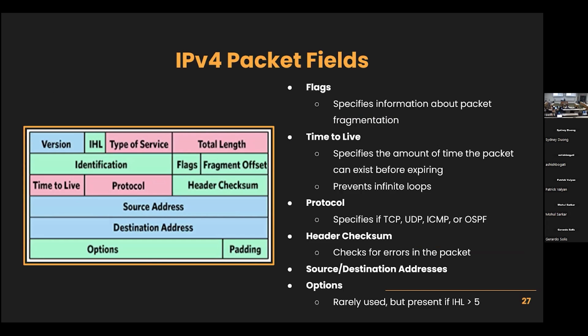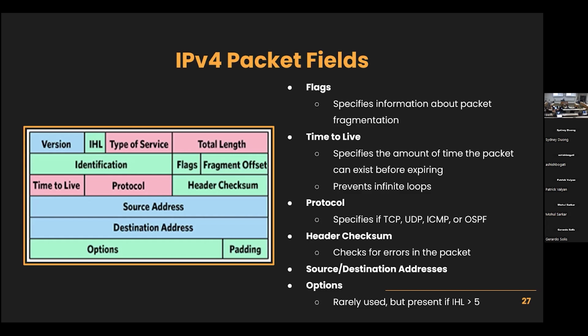We have the time to live, and even though that sounds dramatic, the time to live is quite literally how long it has to live until it dies. So essentially, it specifies how long it can exist before it expires. And this prevents the traffic from infinitely looping around the network and getting lost, because otherwise that would create a lot of traffic if we had infinitely looping packets sitting everywhere.